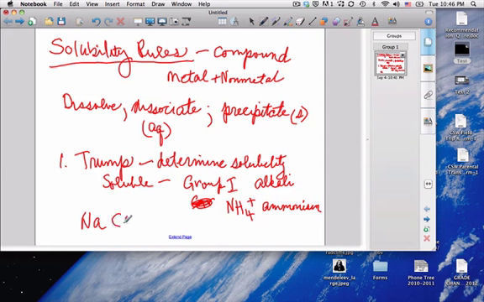And you can see from your list the carbonates usually aren't soluble. Sodium carbonate solid, if I add it to water, since it's soluble, I'm going to get complete dissociation into sodium and carbonate.